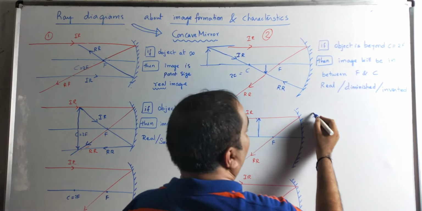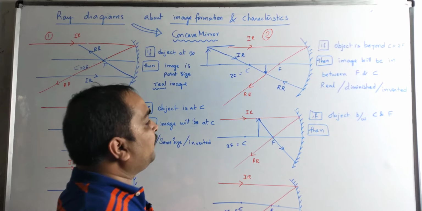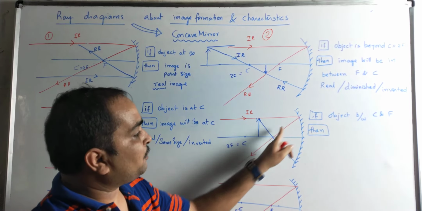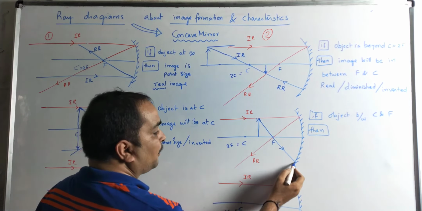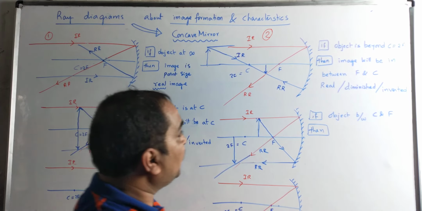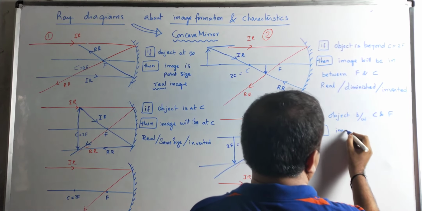So we will make the ray pass through the focus. A ray parallel to the principal axis passes through the focus. If it is already passing through the focus, it goes like this. So this is a reflected ray, this is another reflected ray, both reflected rays are meeting, so it's a real image. Image beyond C.